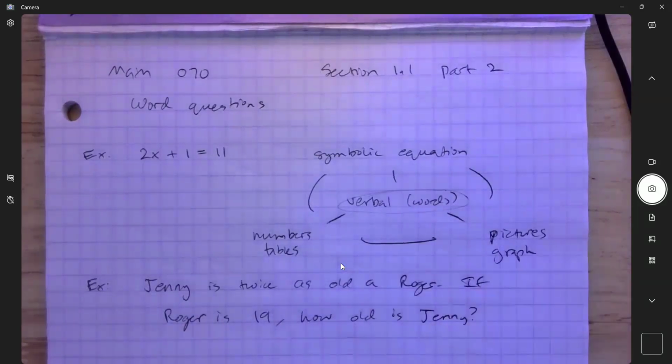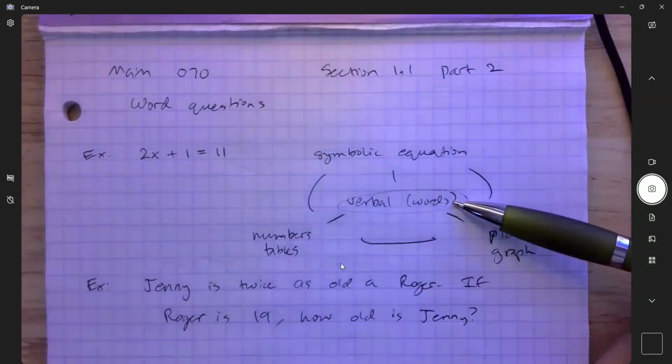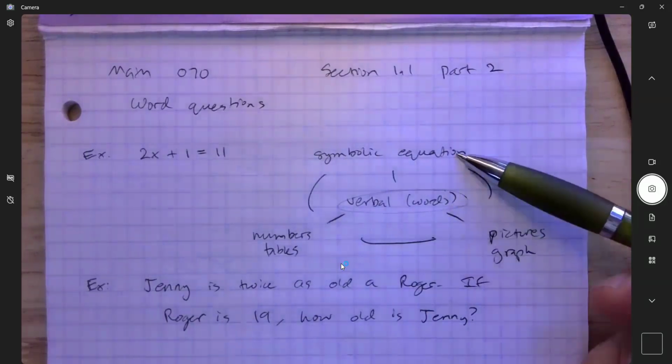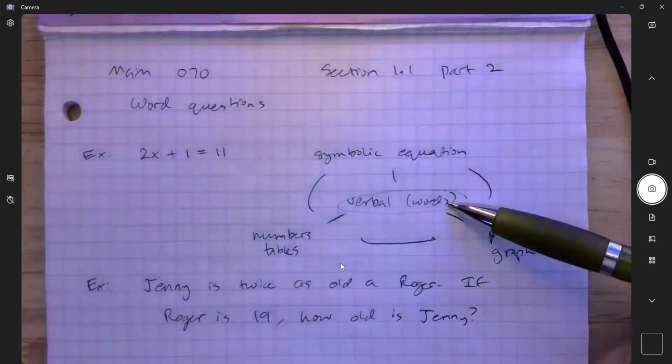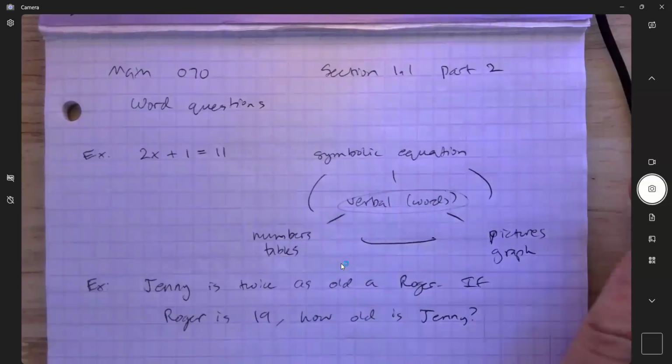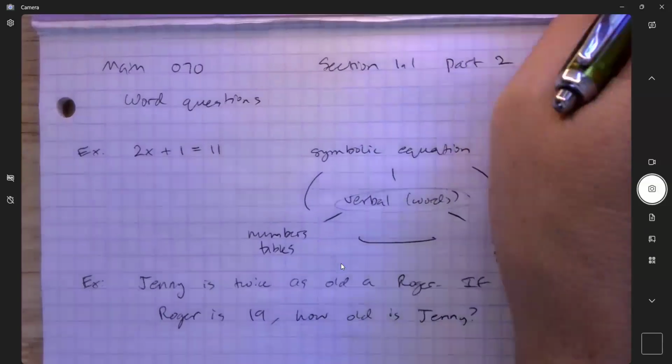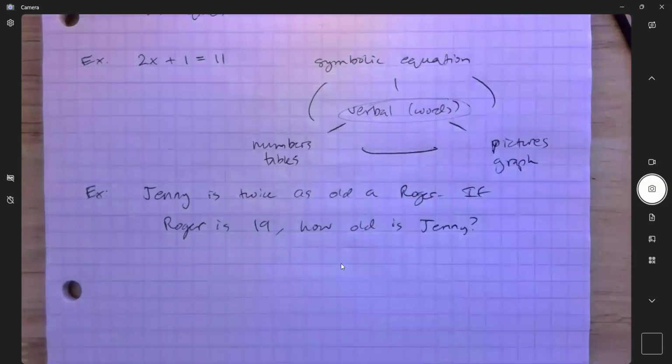Now, it's quite possible that you don't need to convert this into a symbolic equation in order to solve it. You might say, well, Roger is 19, Jenny is twice as old, so Jenny is 2 times 19, and your calculator or your brain can tell you that's 38. So not every word question has to be converted to symbolic numbers or pictures, but it's good practice because the more challenging word questions definitely can help to convert them.